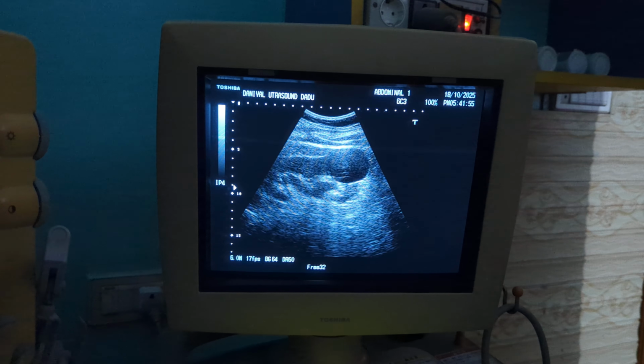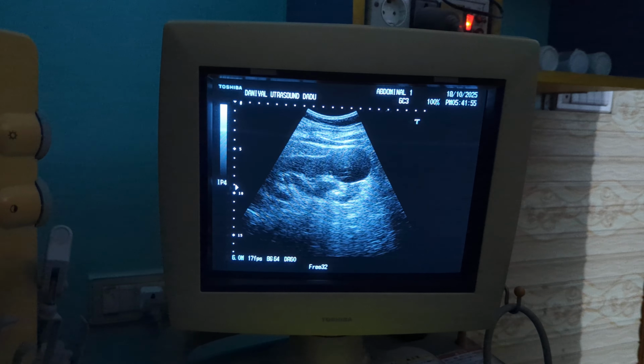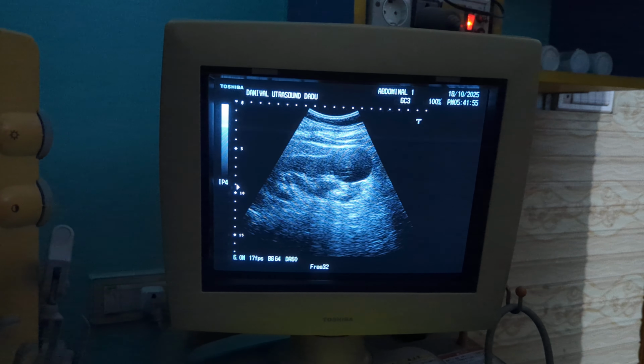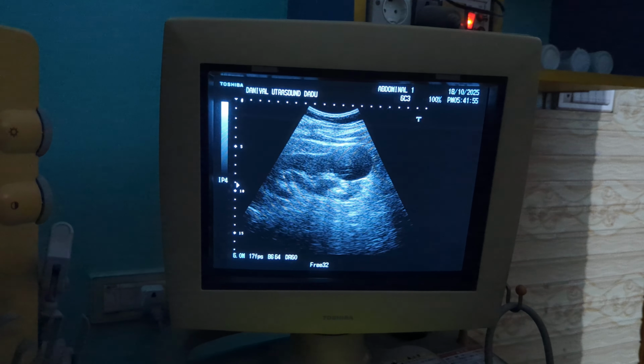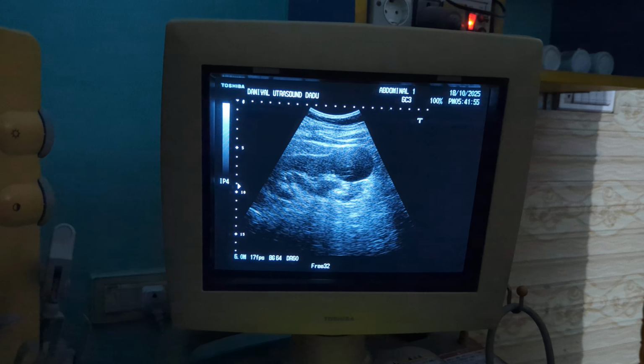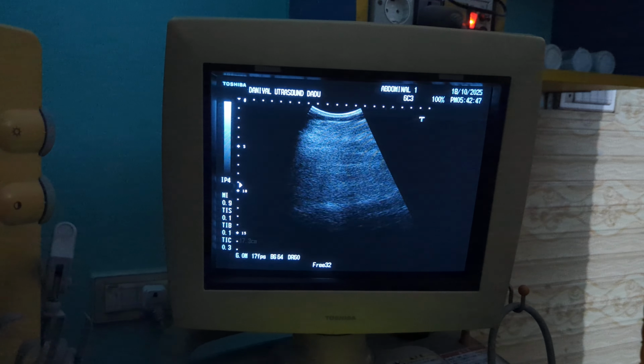Now, hydronephrosis is dilatation which occurs within the pelvic calyceal system. That's the central collecting area of the kidney. You will see multiple connected anechoic areas extending from the renal pelvis into the calyces, like I just showed you here.